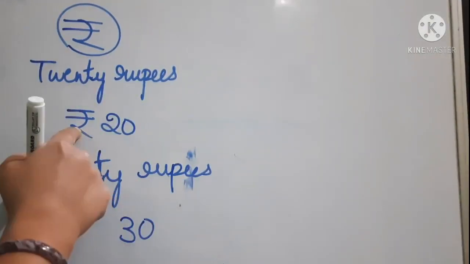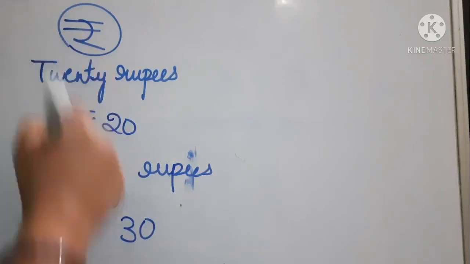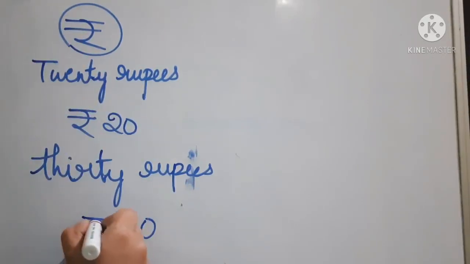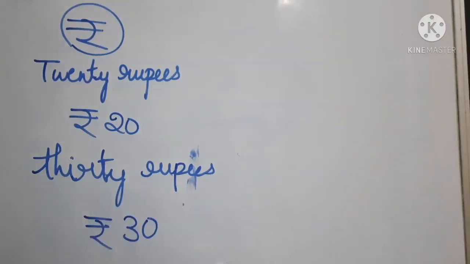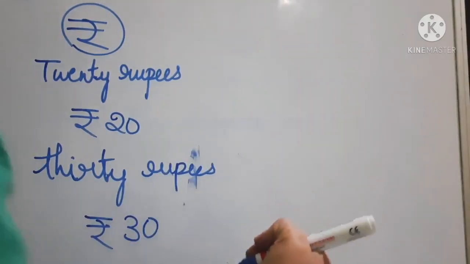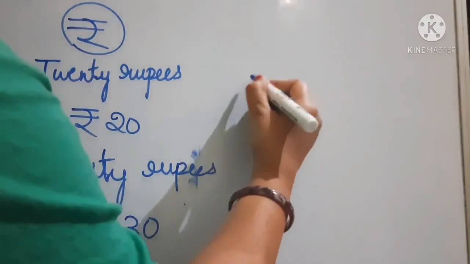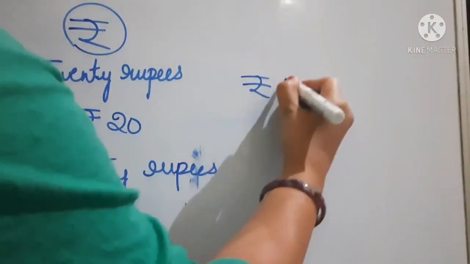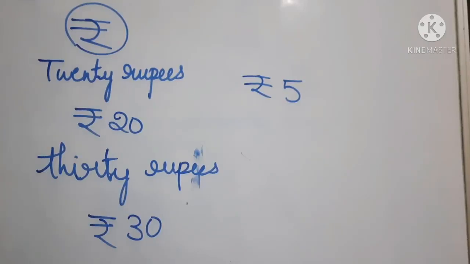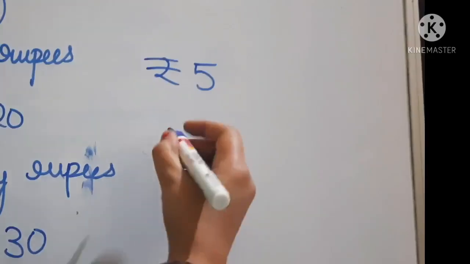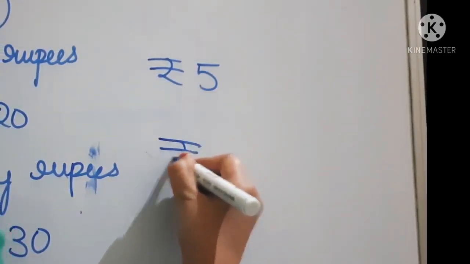We are going to use this symbol. Right. Now tell me how we are going to write 5 rupees in figures. Rupees 5. Tell me how we are going to write 100 rupees in figures. 100.